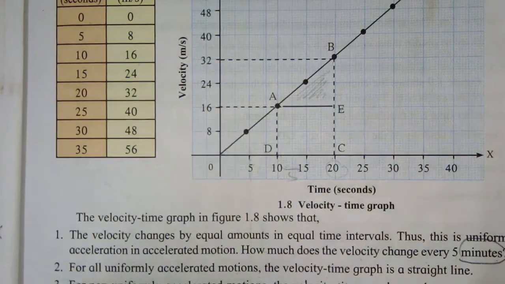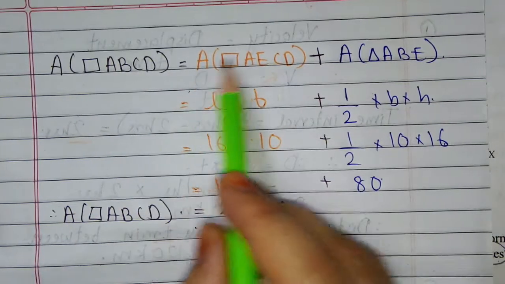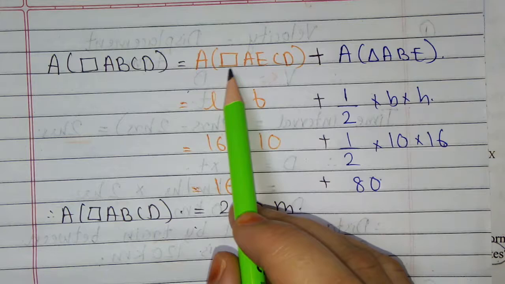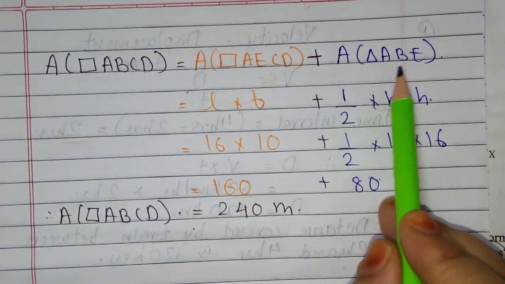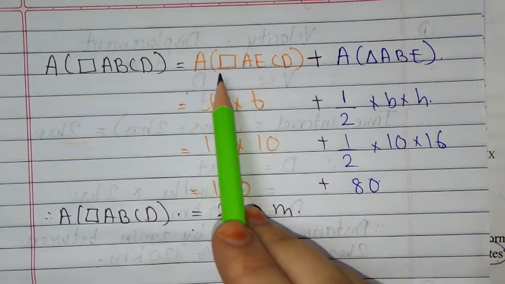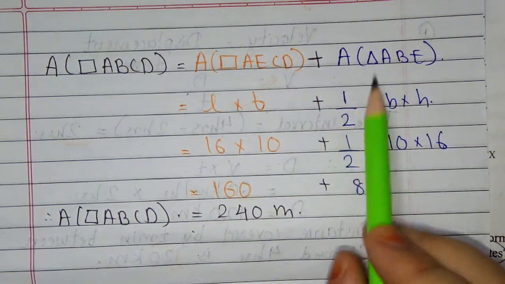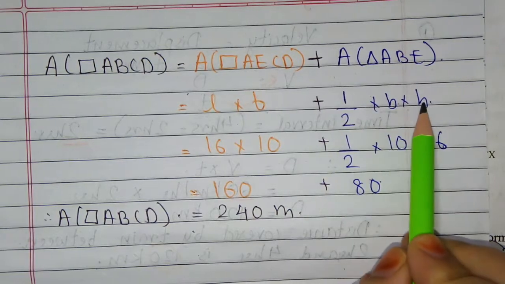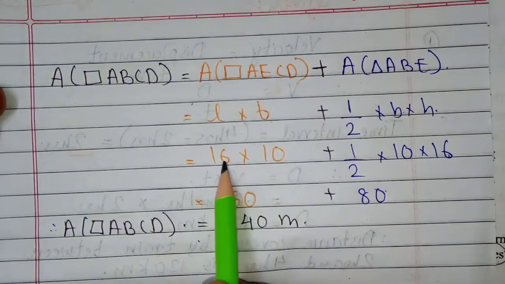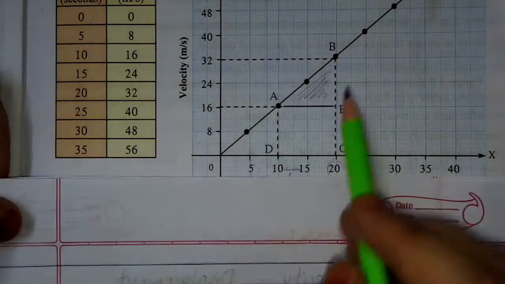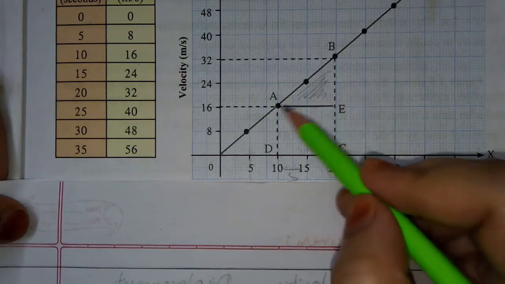So the area of quadrangle ABCD will be equal to the addition of two geometrical figures, that is the area of quadrilateral AECD plus the area of triangle ABE. Now the area of the quadrilateral we know, that is length into breadth, and the area of triangle will be half of base into height. Here the length will be 16 and its breadth will be 10.